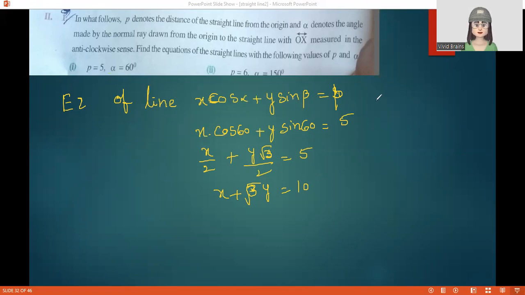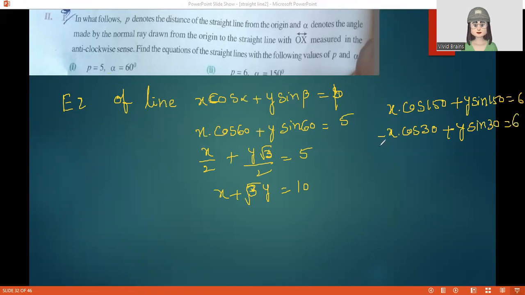So this is our equation of a line when P is 5 and alpha is equal to 60. In the same way, P is equal to 6 and alpha is equal to 150. How do we do it? The same way: x cos 150 plus y sin 150 is equal to 6. So x cos of 180 minus 30, which means minus cos 30, and y sin of 180 minus 30, so it is plus y sin 30, which is equal to 6.